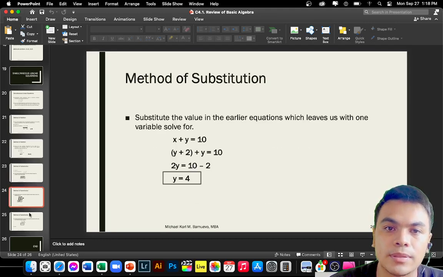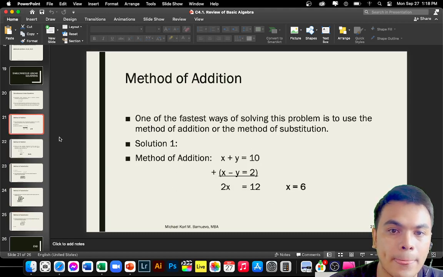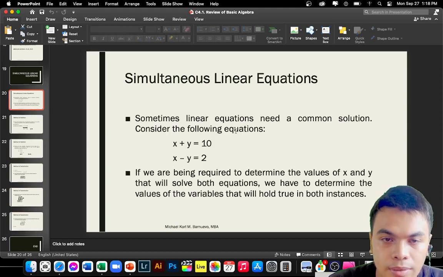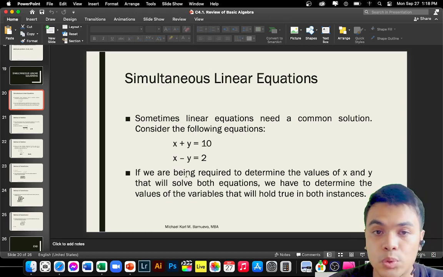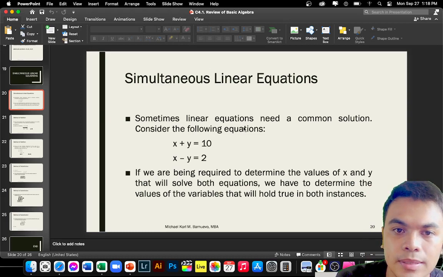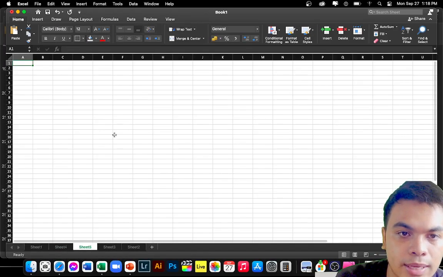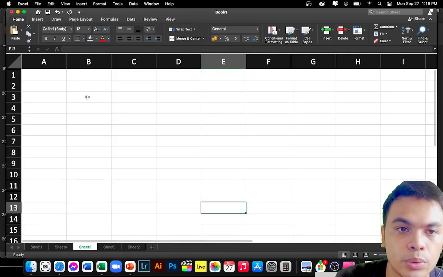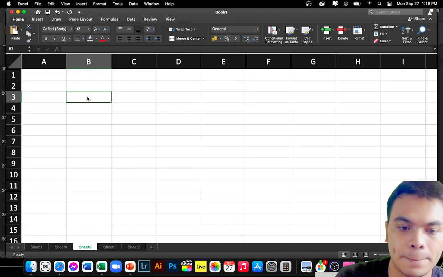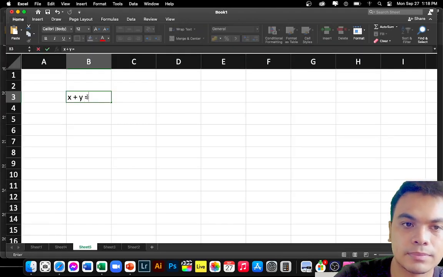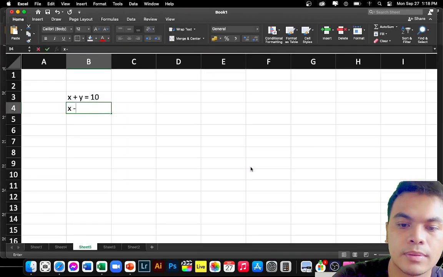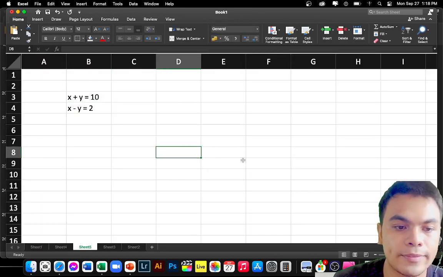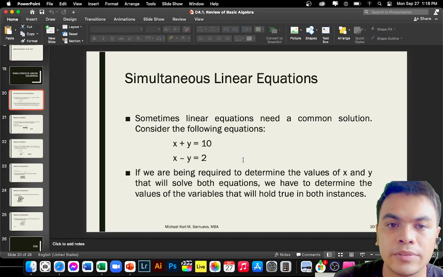So let's have an example here. Let's use this formula, x plus y, x minus y. Here we are determining x and y using two equations. X plus y is equal to 10 and the other is x minus y is equal to 2. Again, we need to eliminate either x or y.